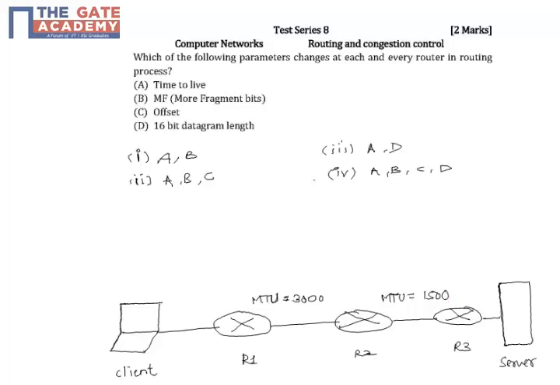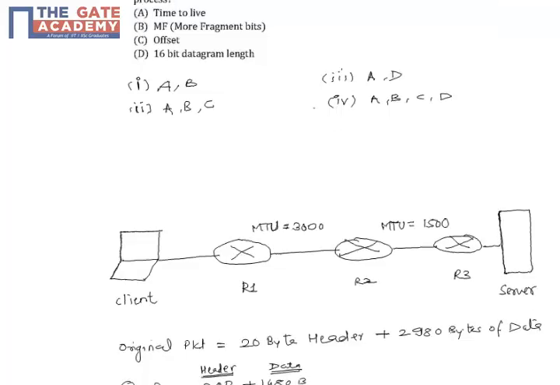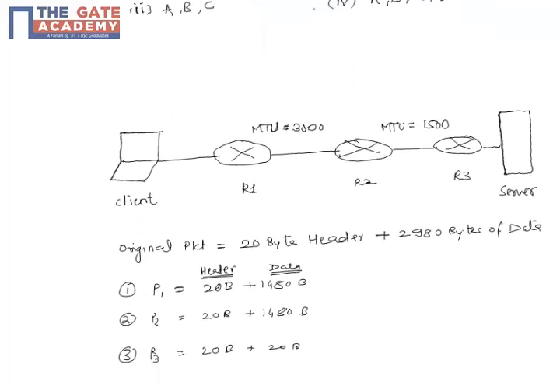So the fragmented packets for the original packet would be as follows. The original packet will have 20 bytes of header and the rest is data. So we fragment it into 3 fragments, where the first and second fragments will have 20 bytes of header each and 1480 bytes of data, while the third fragment will have 20 bytes of header as well as 20 bytes of data.